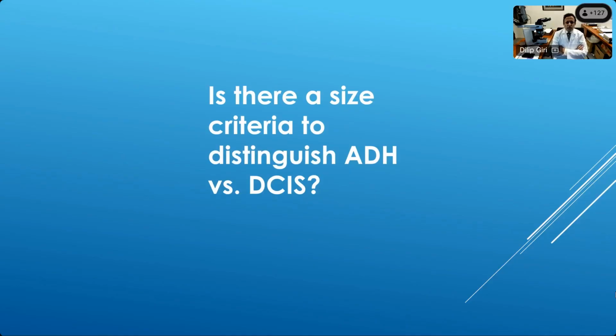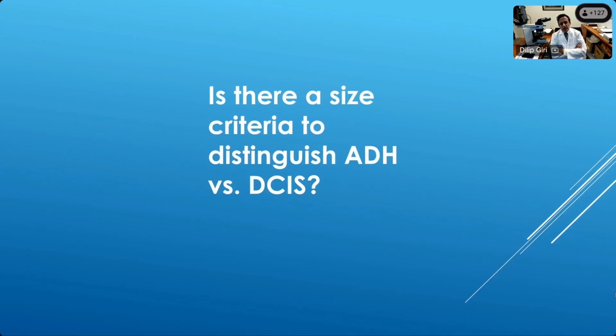But in addition to getting a surgical excision in the form of lumpectomy, many of these patients with DCIS will be offered and will perhaps get radiation therapy, which is not a small thing. So we have to be very careful in how we diagnose ADH and DCIS.